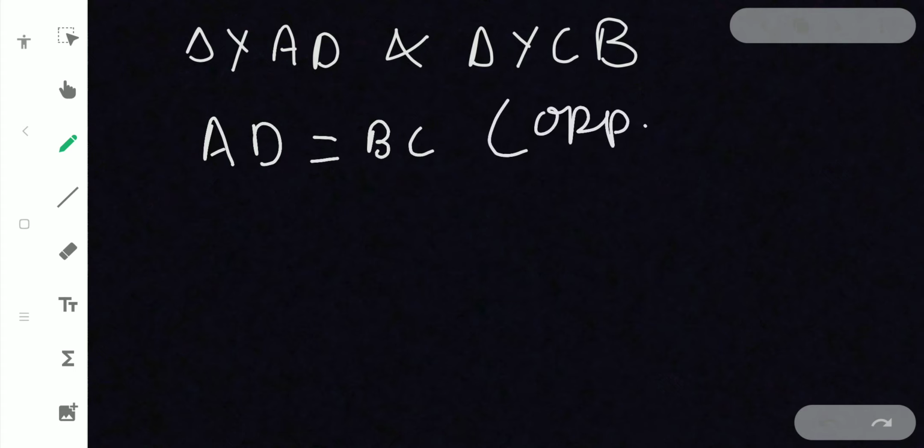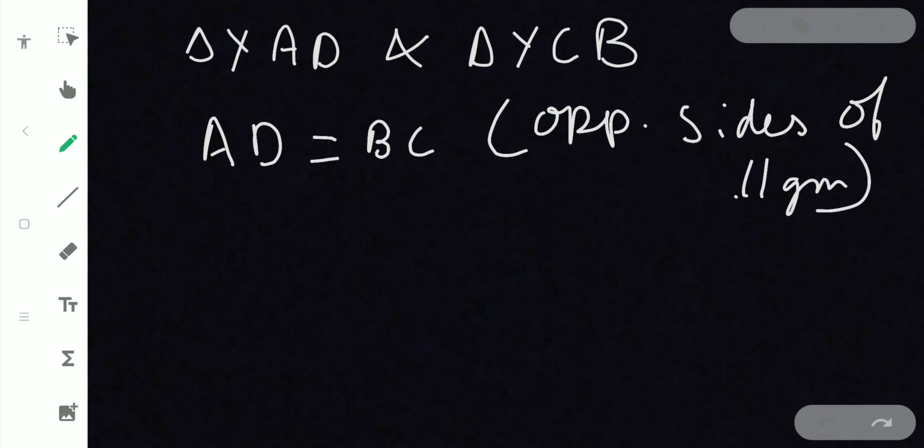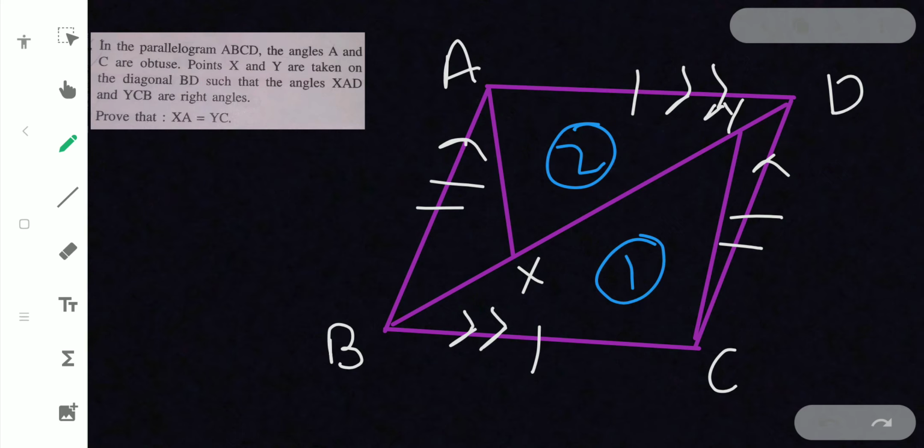You can write opposite sides of parallelogram are equal, and we have angle ADX.